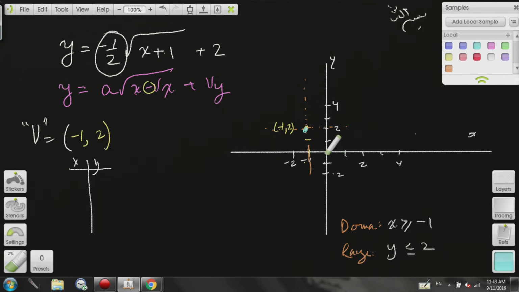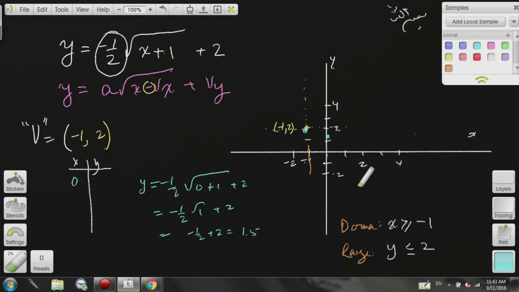Okay, so I need some more points. In this case, I can pick 0, because I know it's going to go this way. When x is 0, what's the value of y? Y equals -1/2 square root of 0 plus 1, plus 2. 0 plus 1 is 1, square root is 1, so this is -1/2 plus 2. This is 1.5. So when x is 0, it's over here.